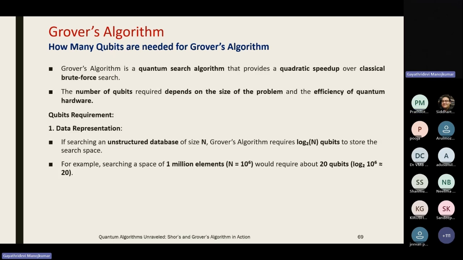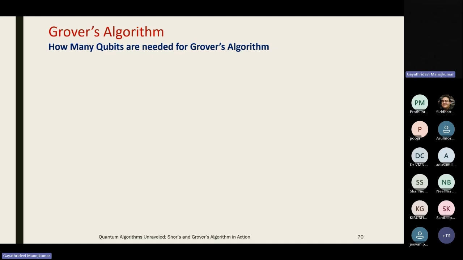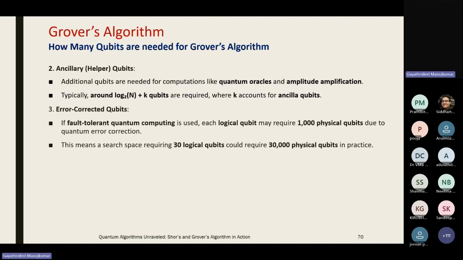Not only logical qubits are needed, we also need helper qubits to achieve Grover's algorithm. An ancillary qubit is an additional qubit required to maintain the oracle and amplitude amplification. What we have seen, right, is the black box, and to get the correct solution with higher probability, we need an ancillary qubit, which is called a helper qubit.